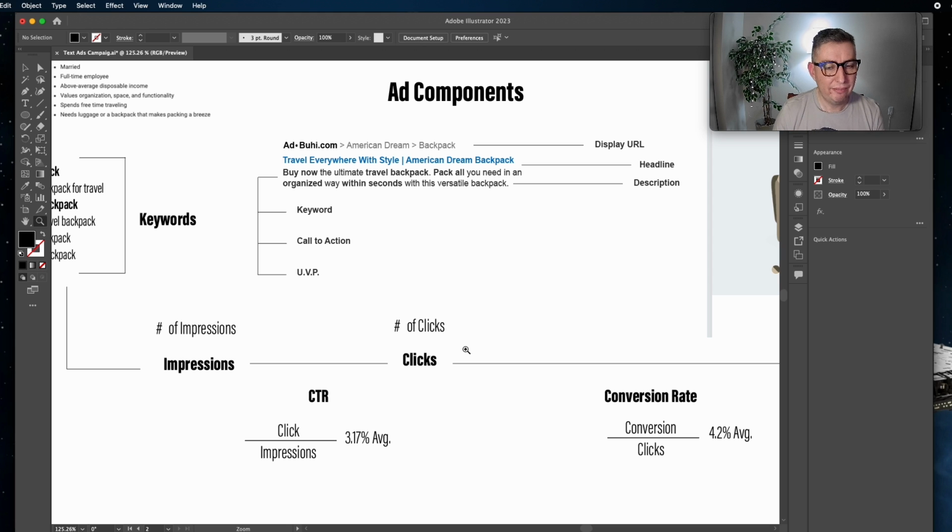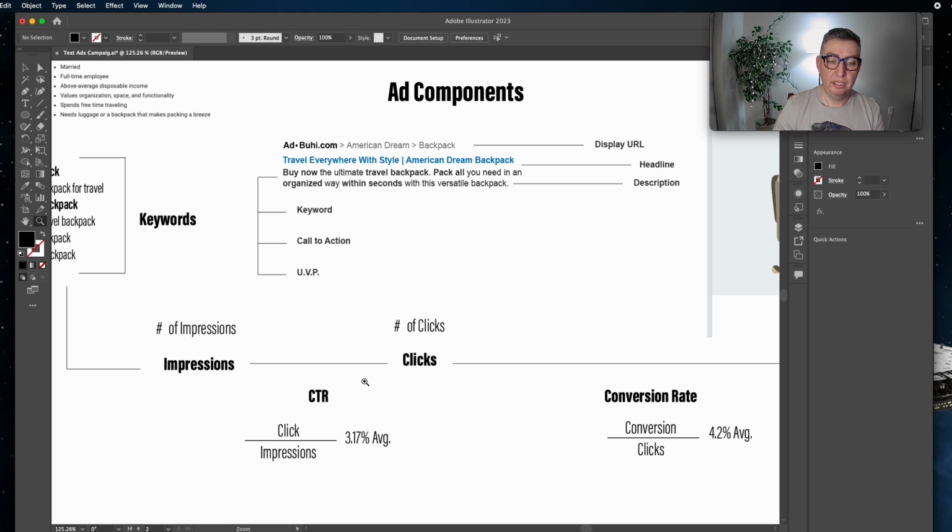But if I don't have clicks, what does it mean? Basically that my ad content is not good. The ad content needs to be improved. So try to see how many clicks and how many impressions you have, and here is where the additional indicators play a very important role.